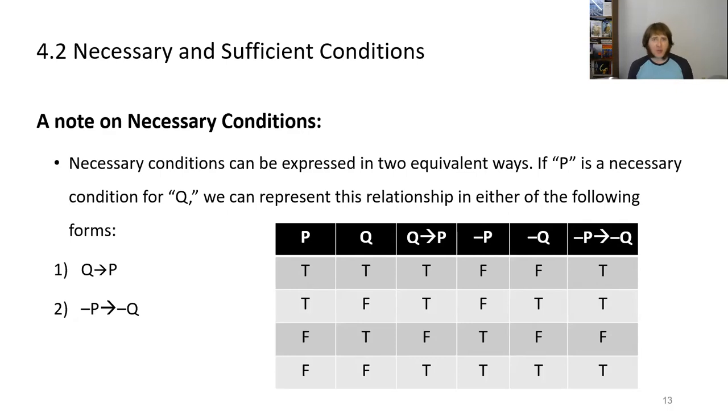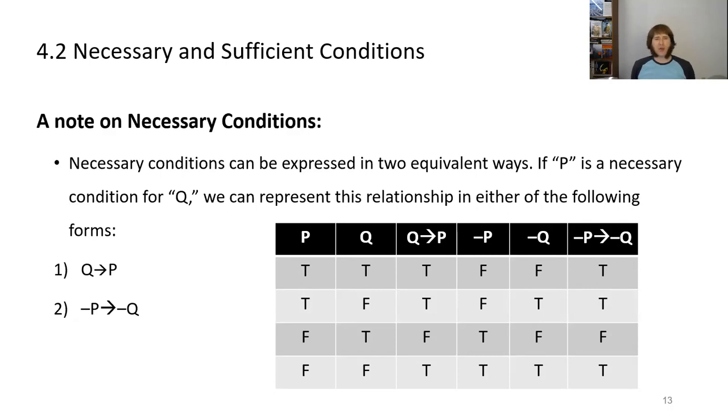So if we take this back to a necessary condition, right? A necessary condition is telling us that if one thing is a necessary condition for another thing, the second thing can't be true unless the first thing is true as well. This is really what we're hearing, right? If P is a necessary condition for Q, say it has to be cloudy for it to rain, right? So P is it is cloudy, Q is it rains.